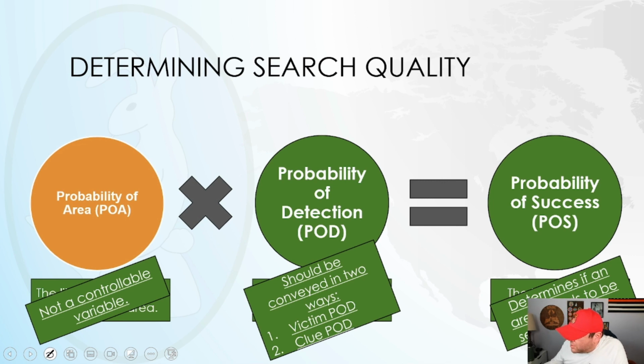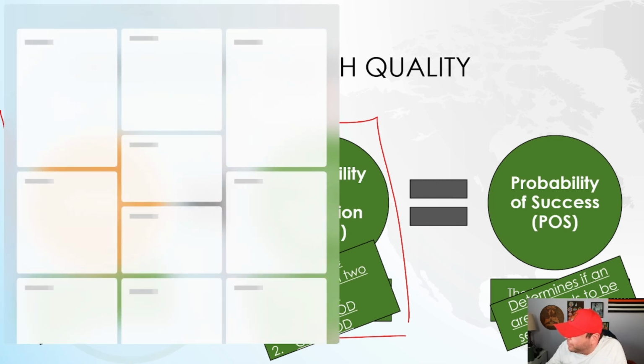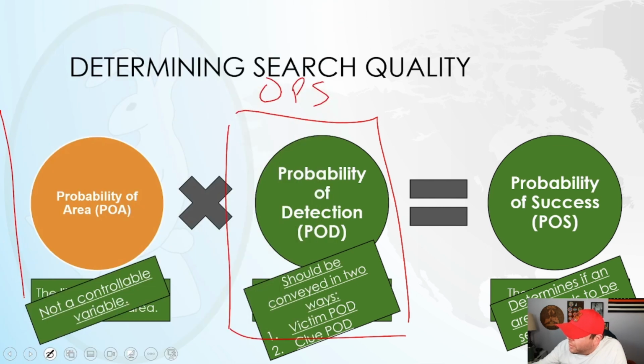Okay, so this is the thing that really we drive at from a search planning perspective, because this one is really more so on the operator. This is more on planning, okay? And again, we should convey that in the two different ways, the clue POD and the victim POD, and then we're driving towards this.